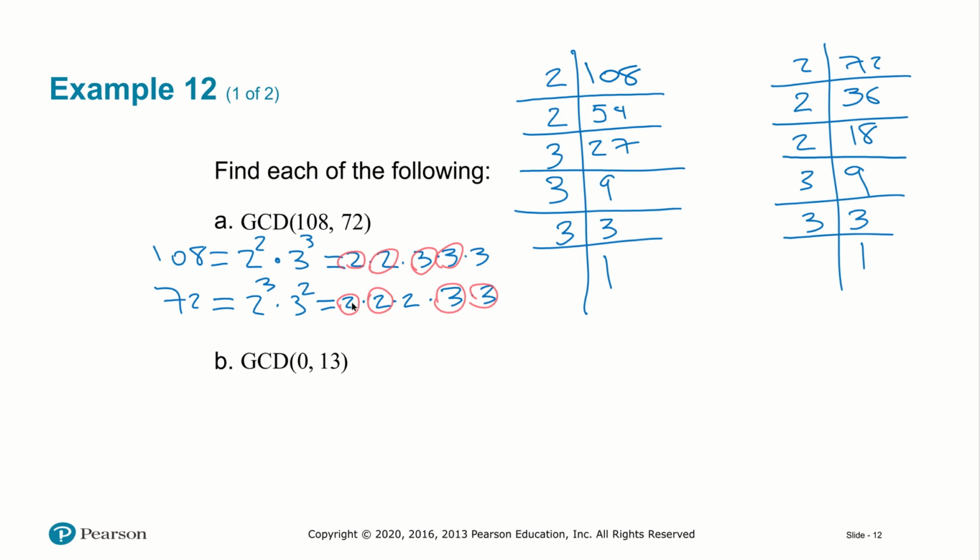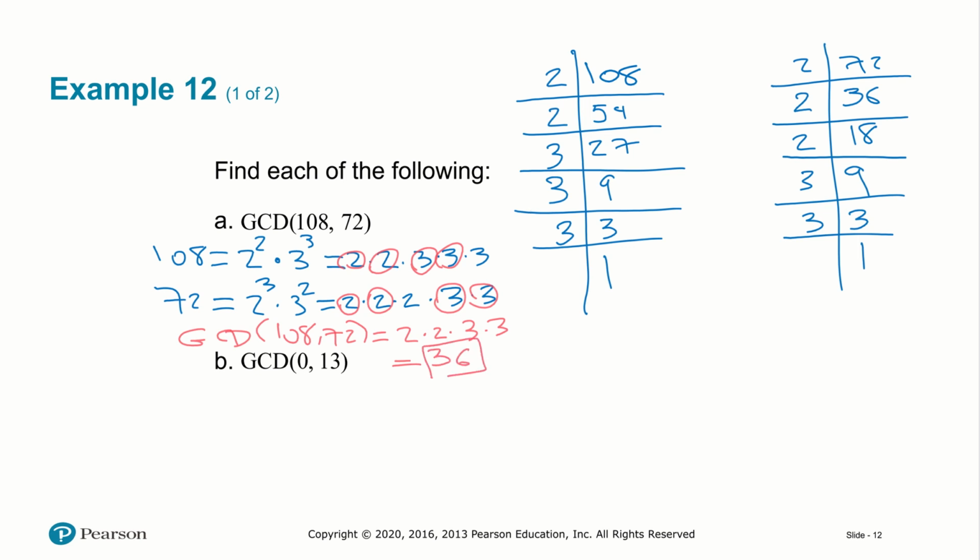So just take one of those factorizations and multiply that out, and you will get your GCD. So the GCD of 108 and 72 is basically 2 times 2 times 3 times 3, which is 4 times 9 or 36.